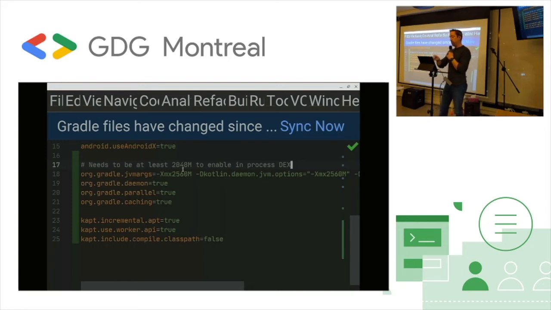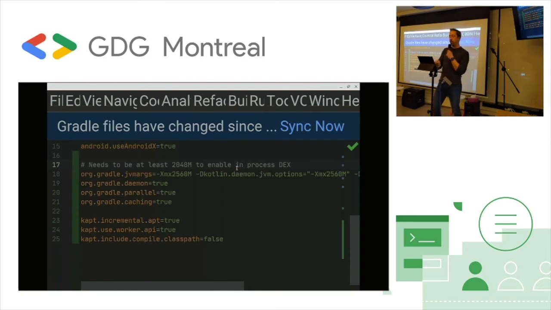So one thing that is interesting to note is that if you want to have what they call in-process dex, so the dexing part of building the APK, you need to add at least 2 gig. So basically, the default JVM args for Gradle is 1 gig, but every time it's going to reach the dex process, it's going to actually start a new process, do the dexing, and then get the result.